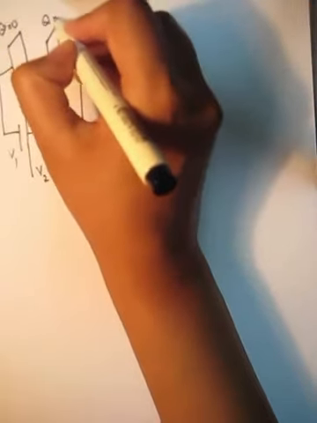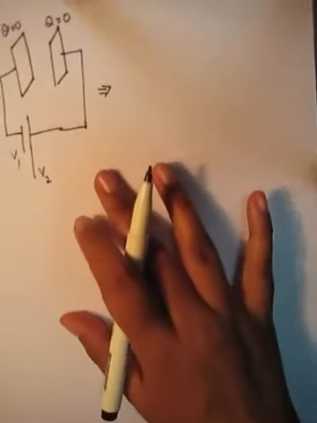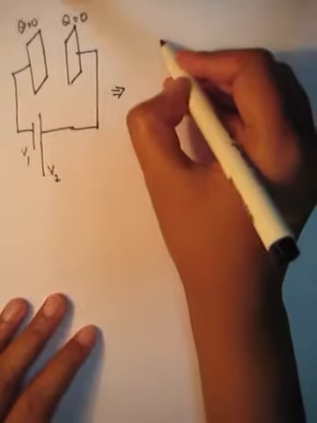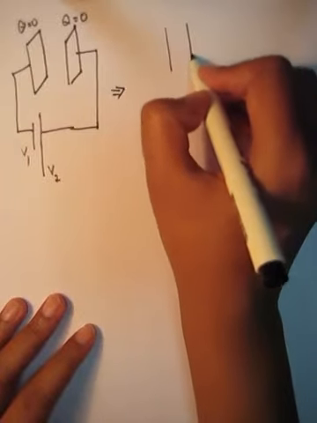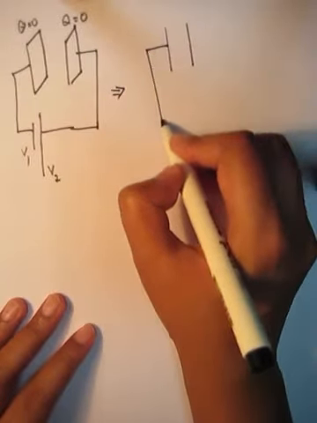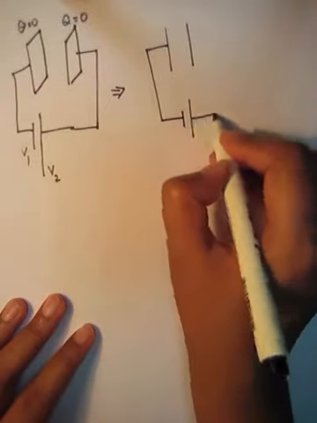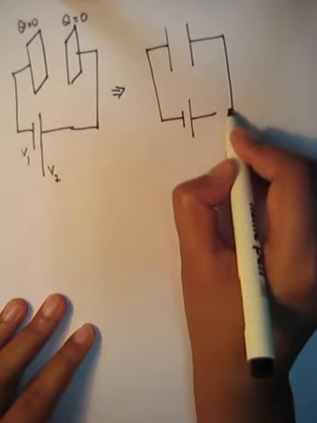So initially the charge is 0. Let me just denote this by these two plates. This means I'm talking about a capacitor, these parallel plates.